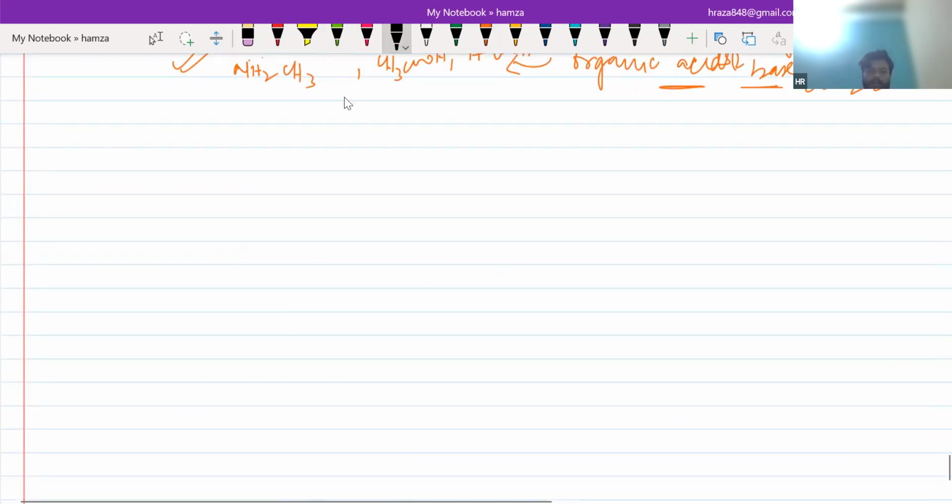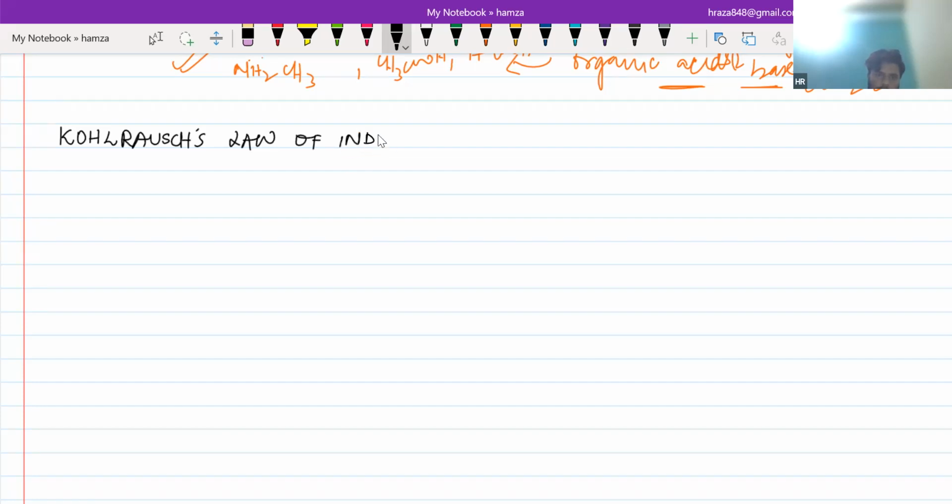Write a topic that is Kohlrausch's law of independent migration of ions.